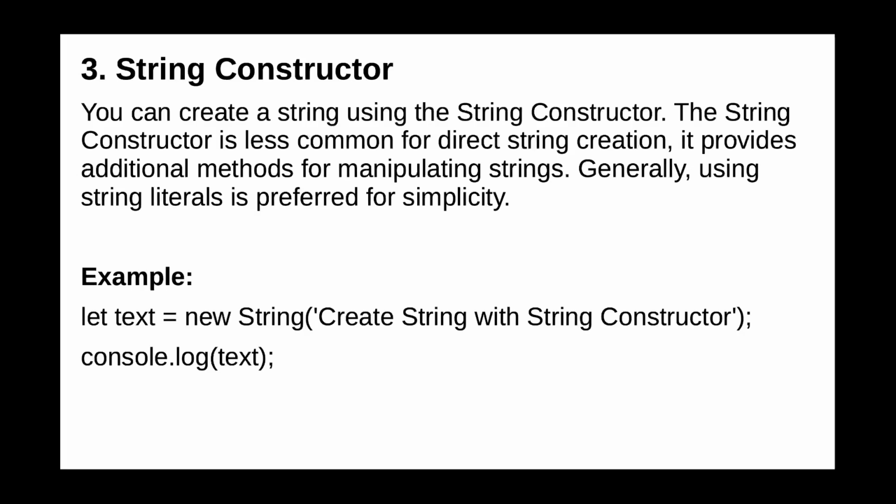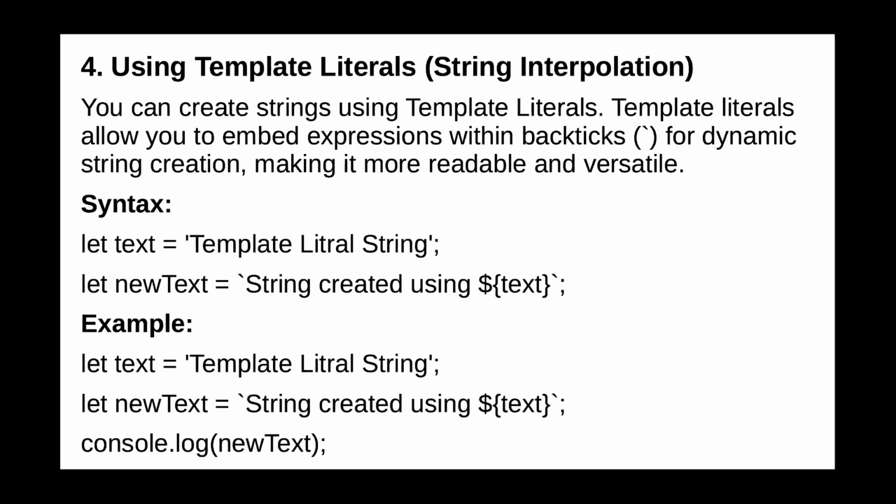So why do we use the string constructor in JavaScript? The string constructor is a way to create a string object. While most developers commonly create strings using string literals or template literals, the string constructor provides an alternative approach for creating strings.